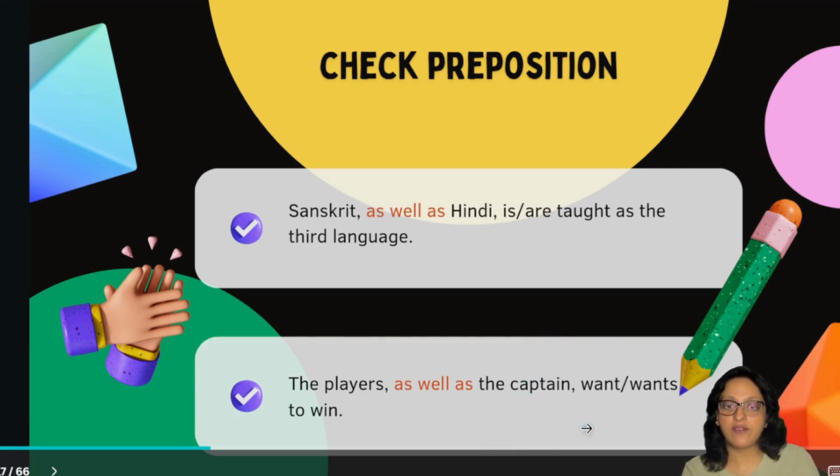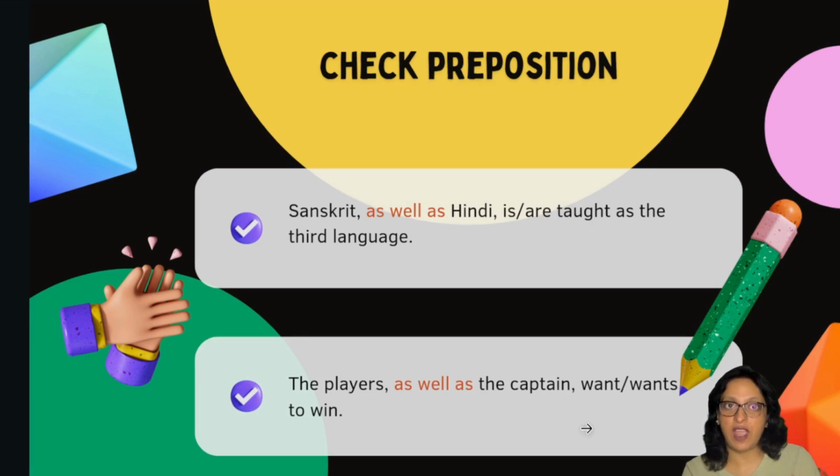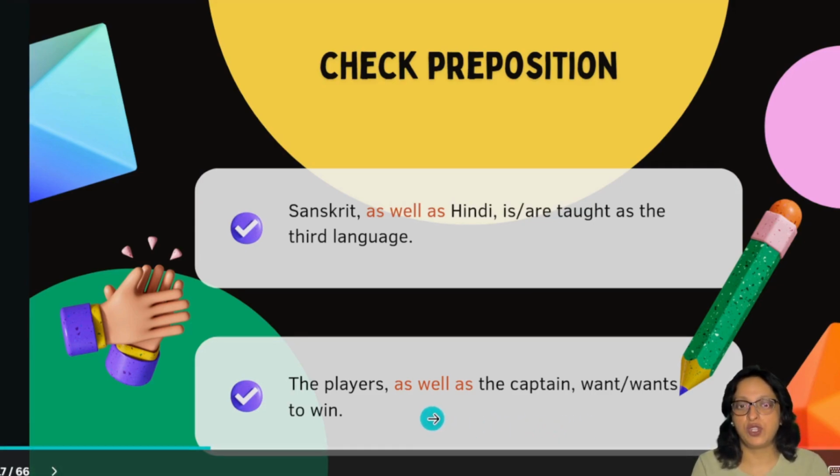Here again, after as well as, we have a noun that is the captain, but that is extra information. So which is the main subject? The captain, the players, or both? Of course, just what we learned, anything after the preposition as well as will be treated as extra information and we don't need to worry about it. So therefore, the players become the main subject.